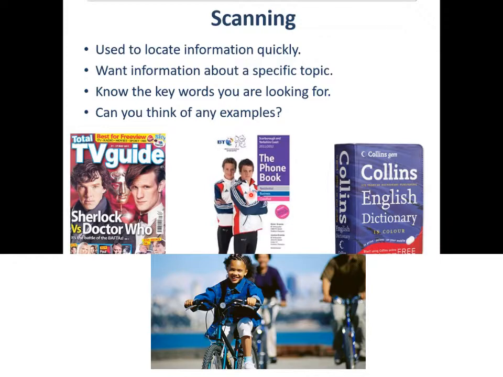I'm not sure whether you are still familiar with it because we are living in 2019, but way back in the 1990s, we had the phone book, the thick one. It comes together with the colored yellow pages book. So when you are looking for a specific person's phone number, you can go through this phone book. You know the name, you look at the name, and then straight away you can find the person's phone number.